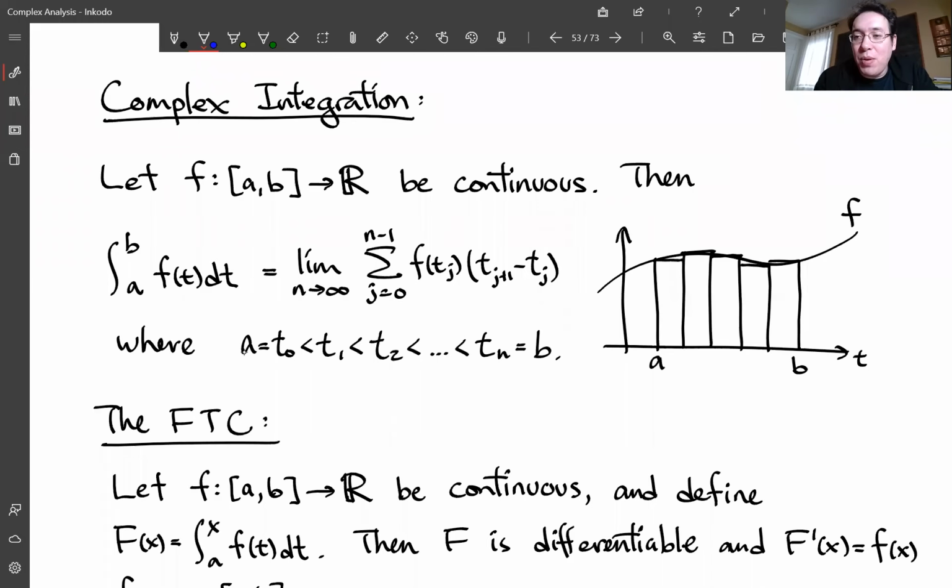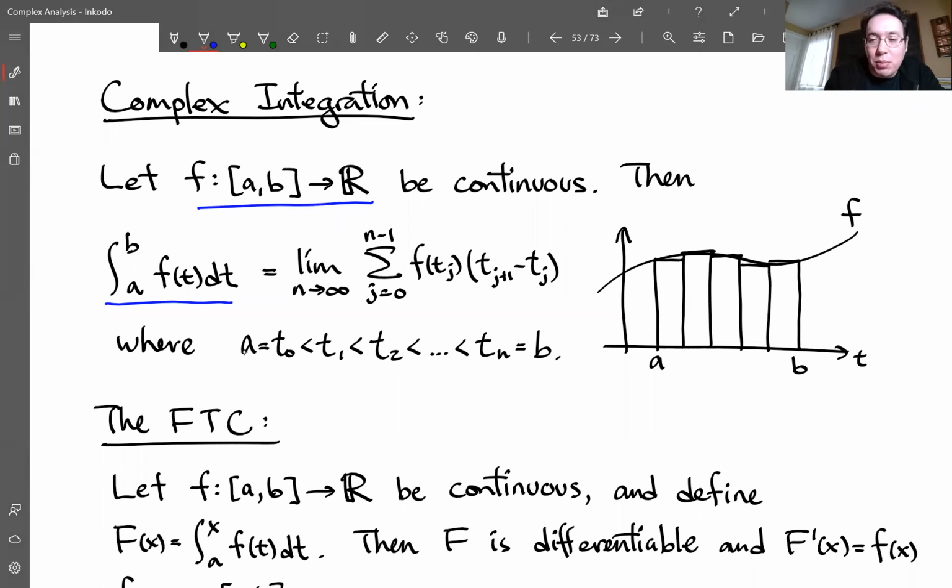Okay, so review of usual Riemann integrals for real functions. If you have a real function defined on an interval a to b, and let's say it's continuous, then we can define the definite integral as a limit of Riemann sums.